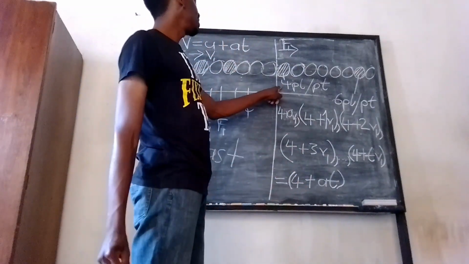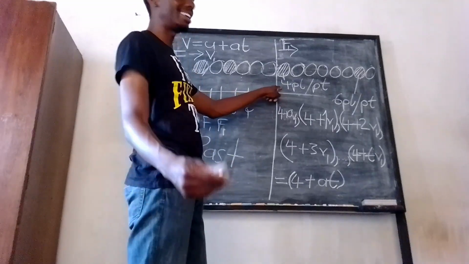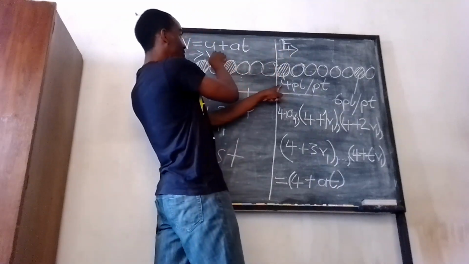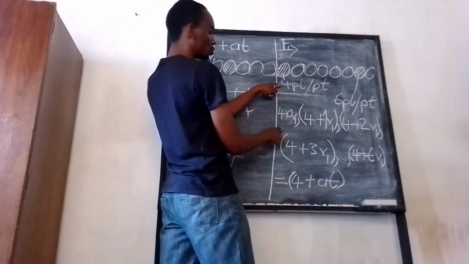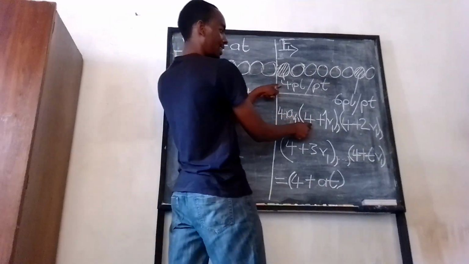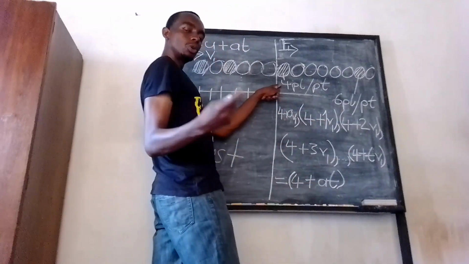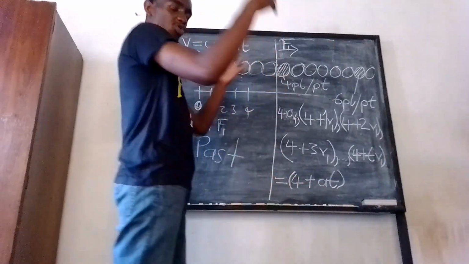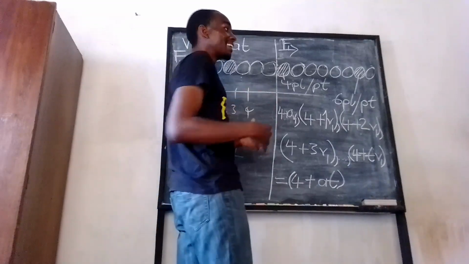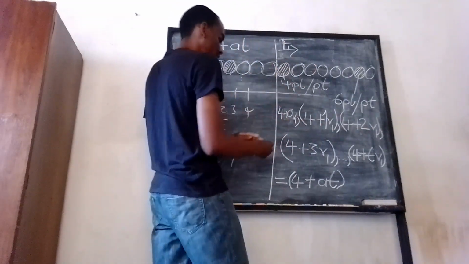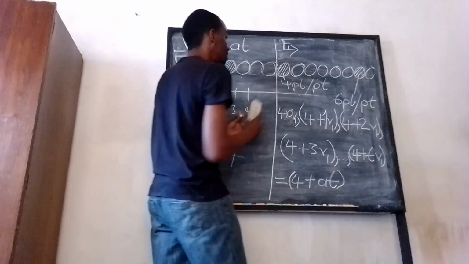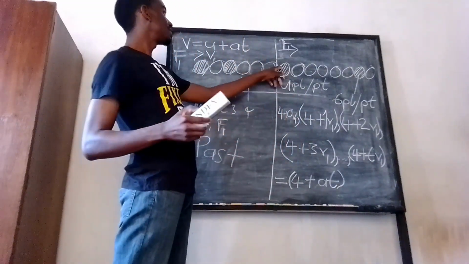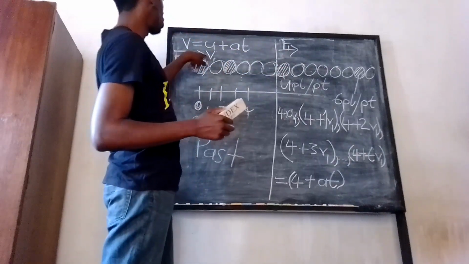Now it's easy to see that if the initial velocity wasn't 4 and was 10, if we don't change the force F1, the force F1 will keep imparting the velocity V1. So we replace 4 with 10, meaning the velocity at time t will be equal to 10 plus at. So given any velocity whatsoever as the initial, let's call it u, the force F1 is going to impart a velocity of V1.